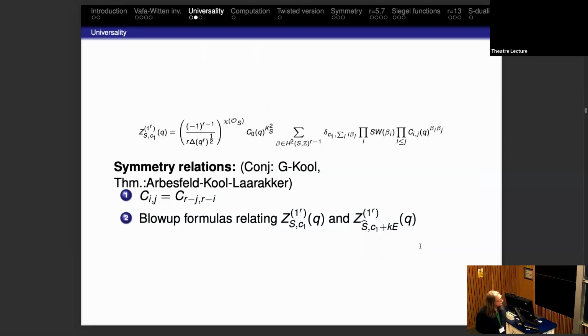And there are also blow-up formulas relating the invariants of the surface and its blow-up at a point when one changes C1 by any multiple of the exceptional divisor. These relate these generating functions in terms of theta functions for the corresponding A_{R-1} lattice.